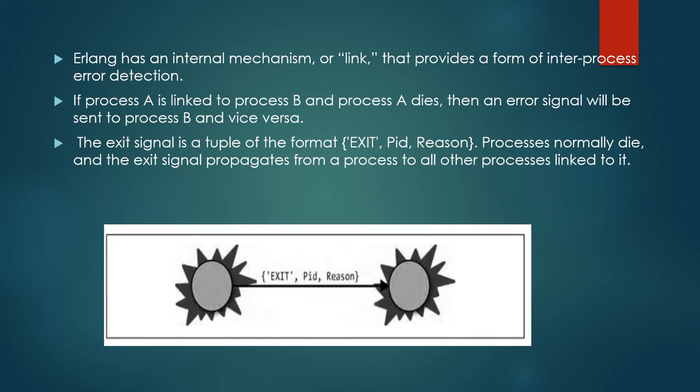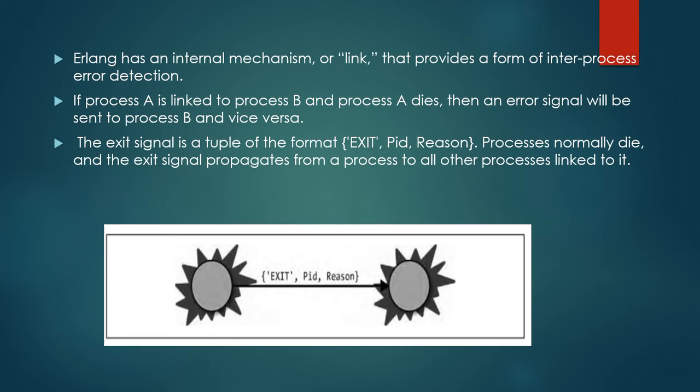For inter-process error detection, Erlang uses a special internal mechanism called a link. For example, if process A is linked to process B and process A dies, then an error signal will be sent to process B, and this error signal or exit signal will be in a tuple format.